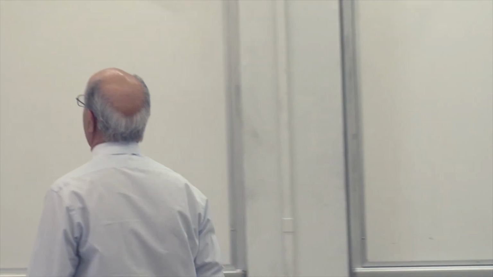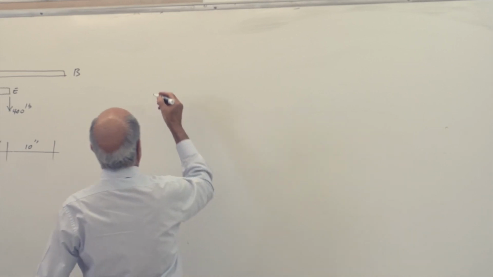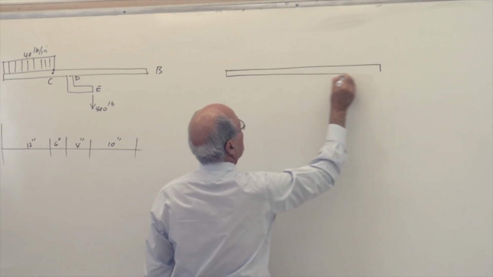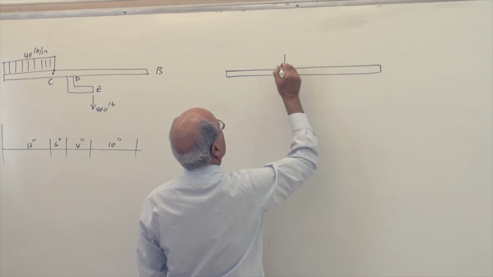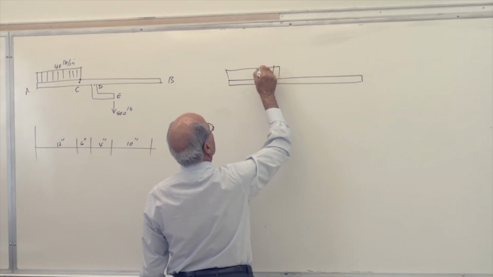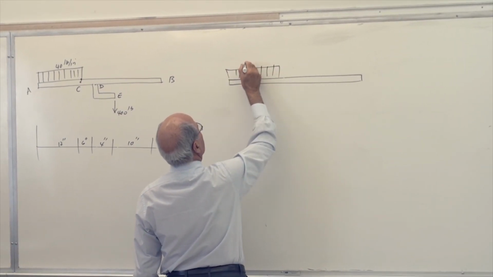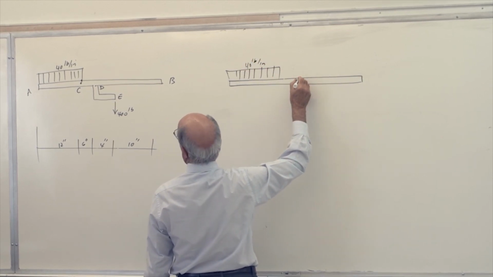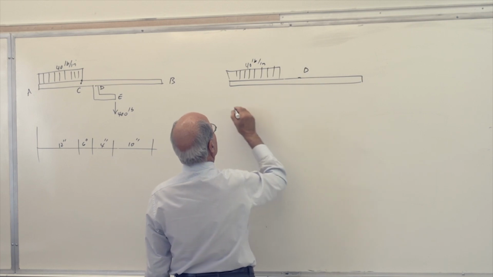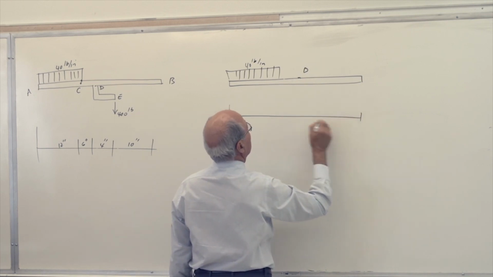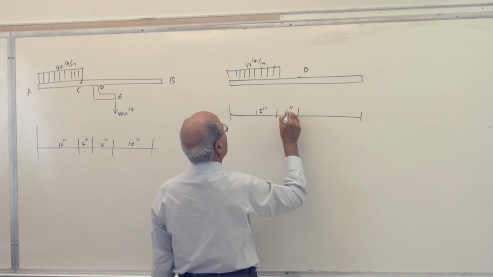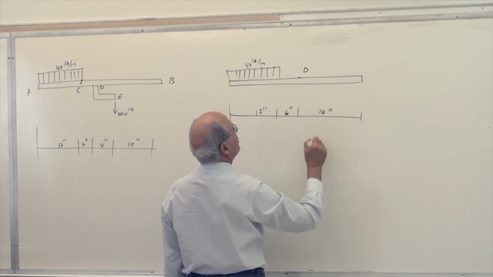Everything has to be there, correct or not? So this is the static equivalent to that load, which I'm going to put here. So we have again a uniform load, 40 pounds per inch, and then this is point D. We don't need point E now. So here it is. This is 12 inches, this is 6 inches, and this is 14 inches.